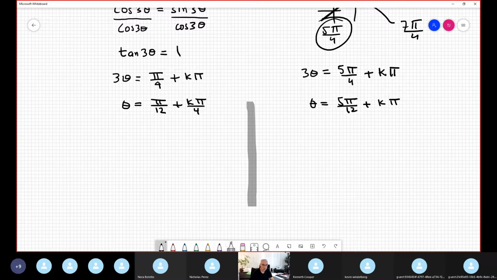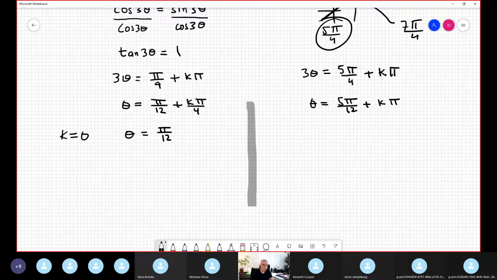I try. So the first solution is k equals 0. For k equals 0, it's obvious that theta is pi over 12. Pi over 12, guys, is 15 degrees, no? Because pi over 6 is 30, divided by 2 is 15 degrees. But it's okay.